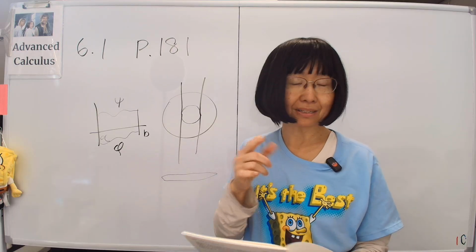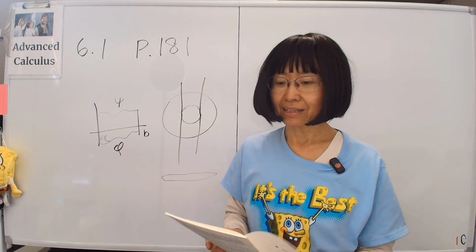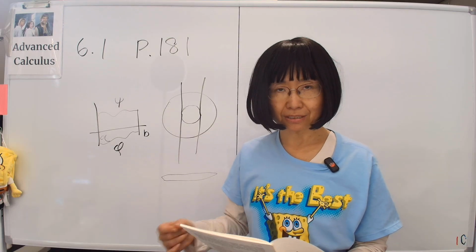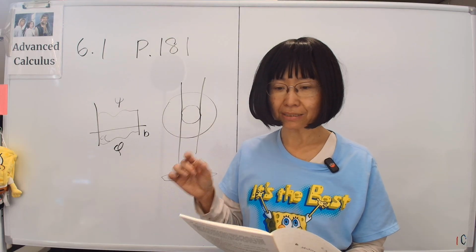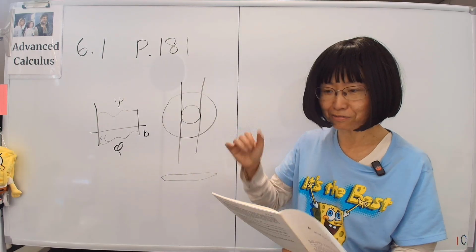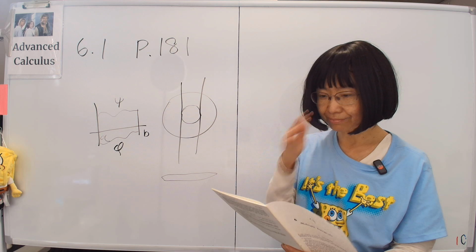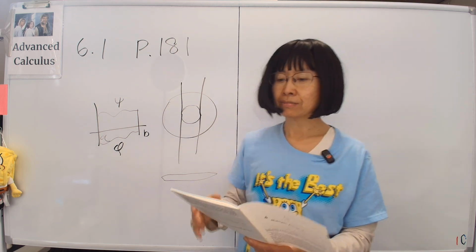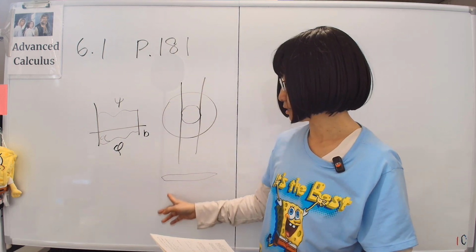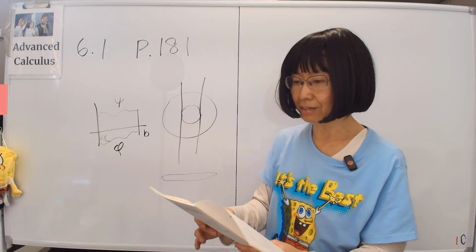But the idea is the same. It's just that now we're dealing with 2 dimensions. Now the norm of delta of a subdivision is the maximum diameter of the subregions produced by the subdivision. Okay? So if it's a square, then of course the diameter is the diagonal, the length of the diagonal.